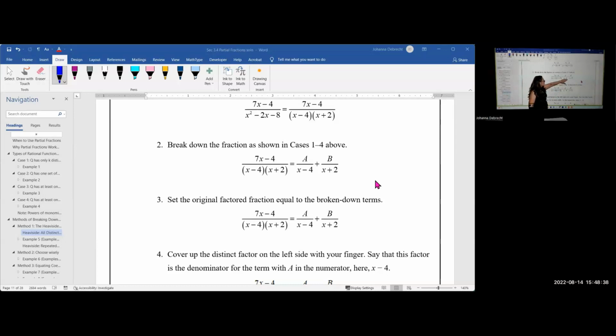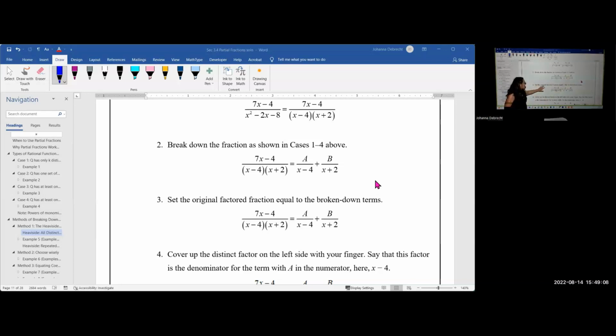So we have the first linear factor, x minus 4, in the denominator of one fraction, and the second distinct linear factor, x plus 2, in the denominator of the other one. Now the numerators of those fractions are unknown. Those are a and b. That's what we're looking for now. We're on to methods of partial fraction decomposition. So we've learned how to decompose, but now we've got to find the A's, B's, and C's. So now what do we want to do?